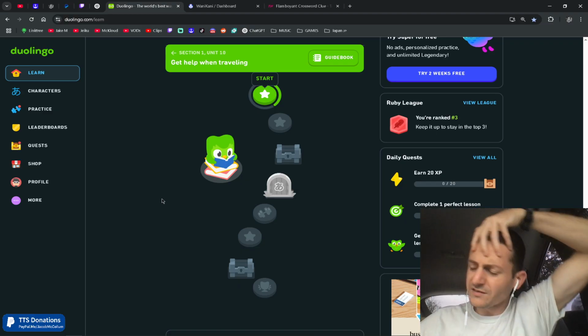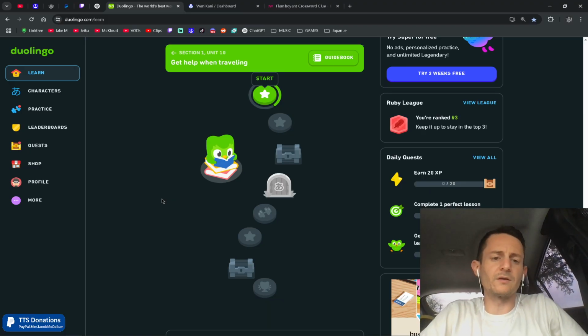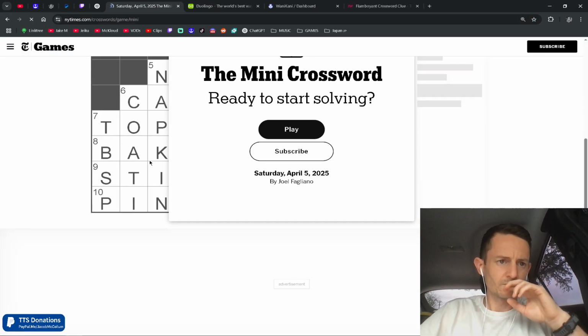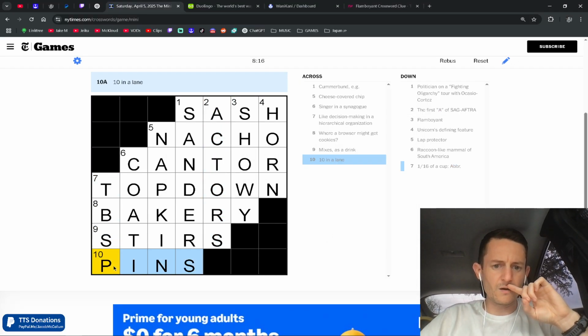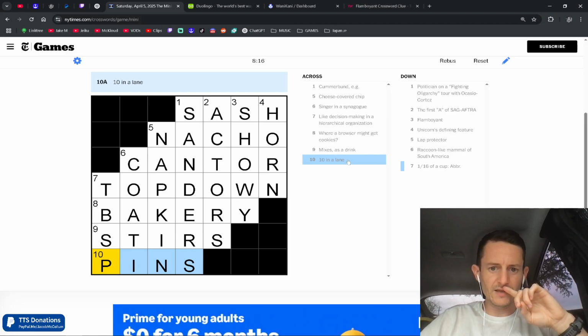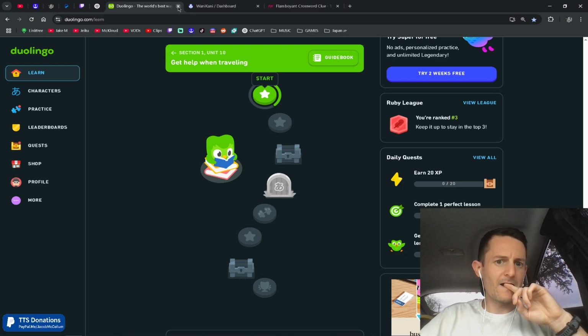Pins. Oh, was it pins? I didn't even see it. Hold on. It was pins. Oh. Tin in a lane. Pins. Oh, that makes sense. Interesting.